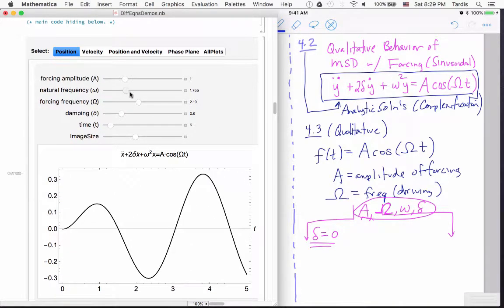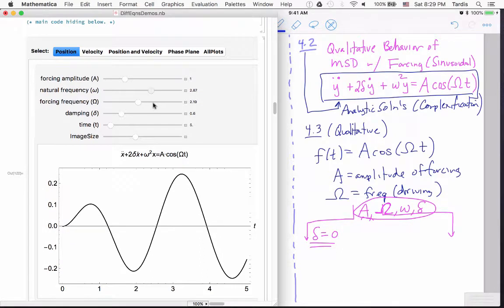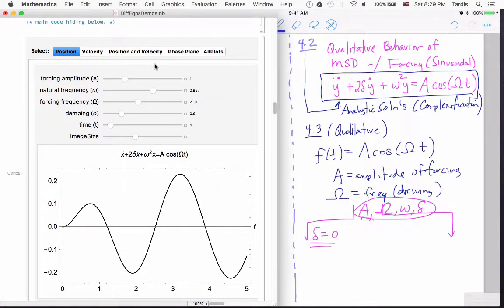What we are seeing is the solution to the differential equation with the initial conditions zeroed out. That's what we're seeing in this plot right here. My claim is that in 4.3, we would like to focus just on the case where damping, the delta term, is zero.